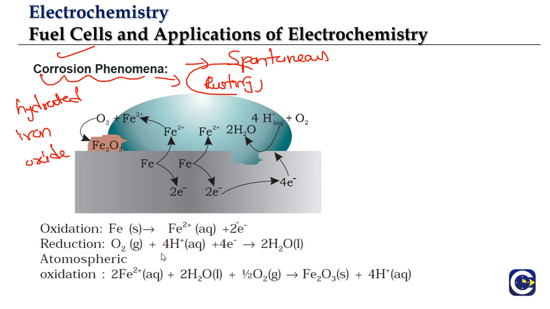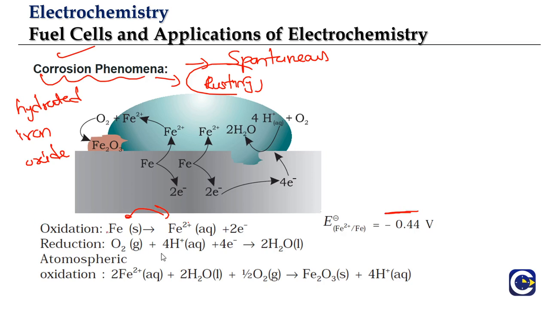So if you see the process, iron must undergo oxidation. If iron is forming Fe2+ ions, then the reduction potential for that is minus 0.44 volt. For Fe becoming Fe2+, the reduction potential is how much? Minus 0.44.